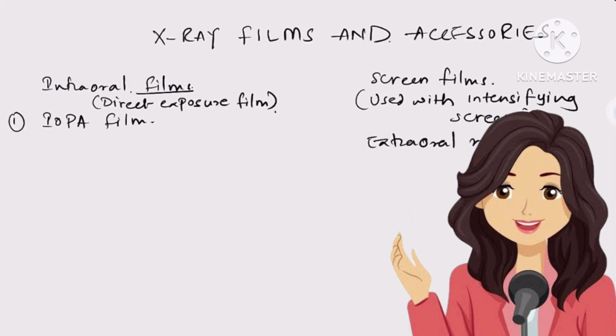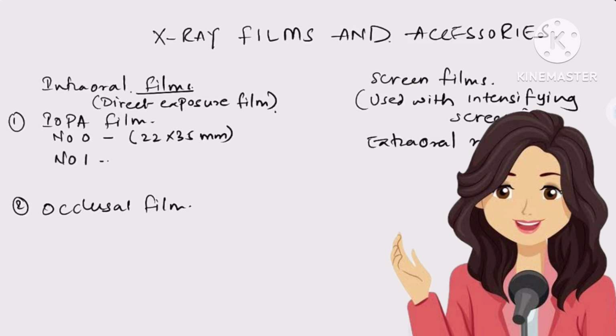Extraoral radiographs. Alright. Intraoral film includes IOPA, occlusal film, and the third one is the bite wing film. IOPA film comes in three sizes. Number 0, which is for children. See, you need to remember the sizes and the number. You can get questions based on this.